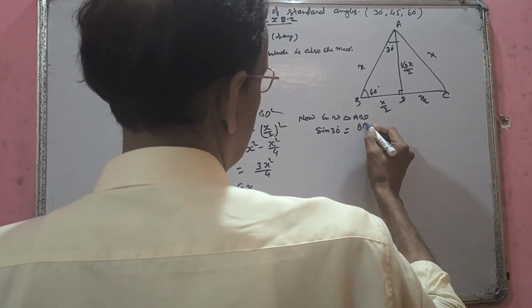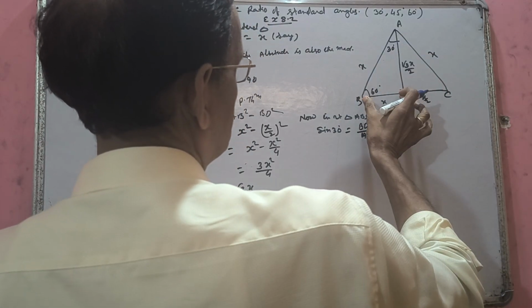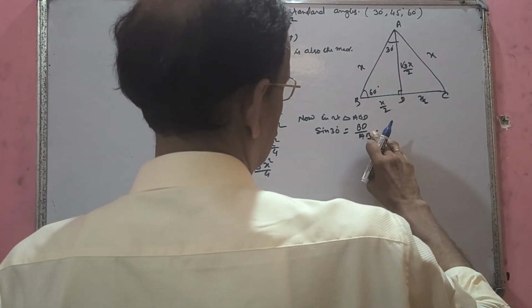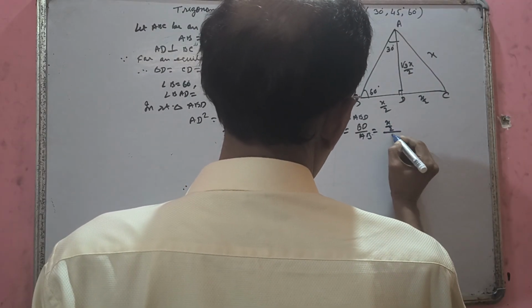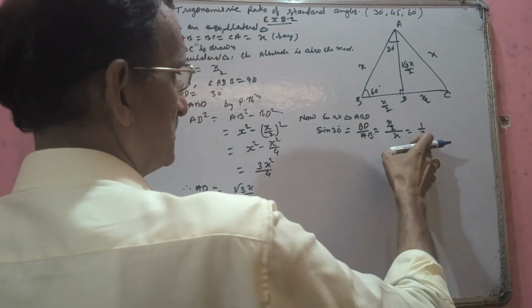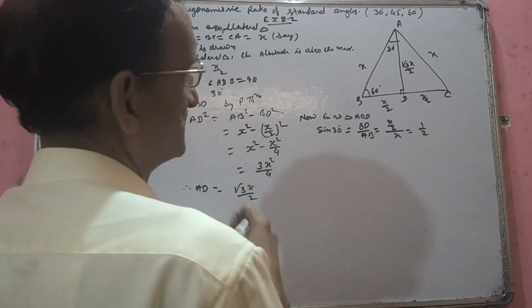So obviously it will be BD by AB. Sine is always opposite side, P by H. What is BD? X by 2, by AB is X. How much will we get? 1 by 2. This is the numerical value of sine 30 degree, half, we have calculated geometrically.